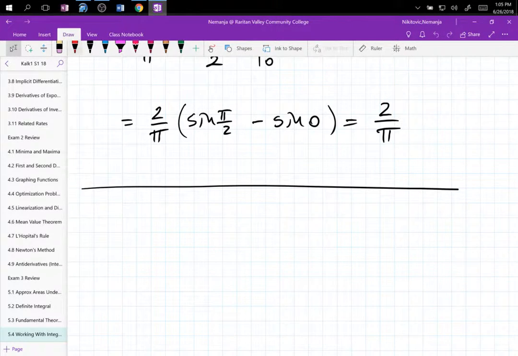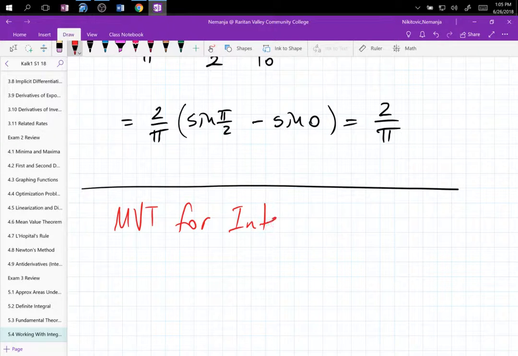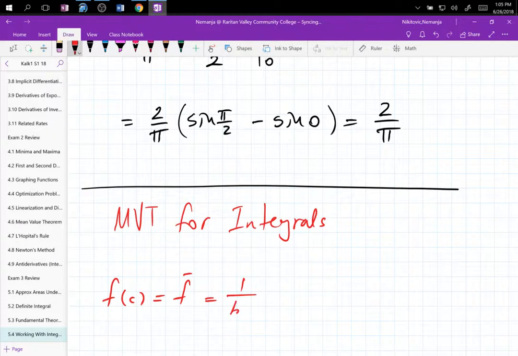MVT for integrals: f of c is f bar, which is 1 over b minus a, integral a to b of f of x dx.